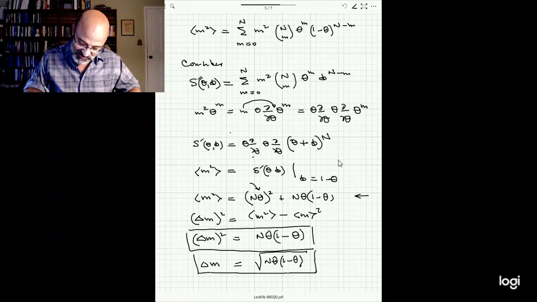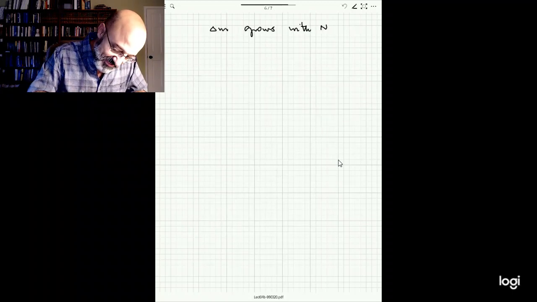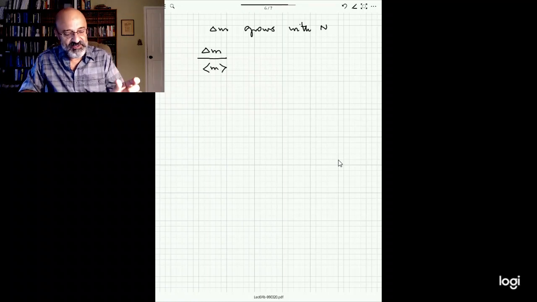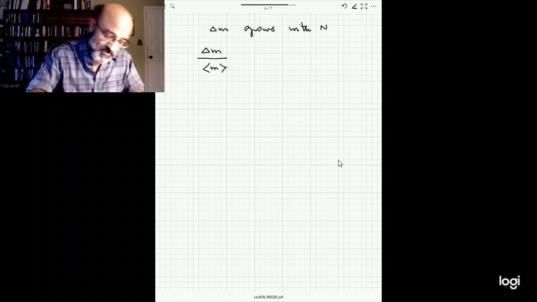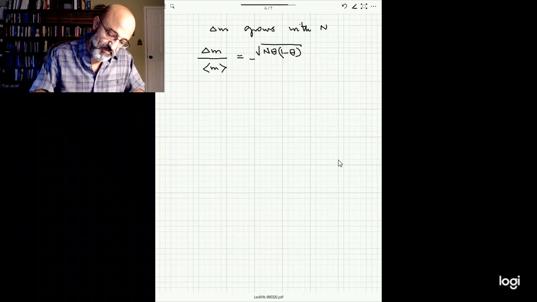While it is true that this increases, if you were to look at the relative growth of the width of the distribution divided by the actual mean expected value, then what you get is the square root of n theta times 1 minus theta for the RMS deviation divided by the expected value, which is n theta.